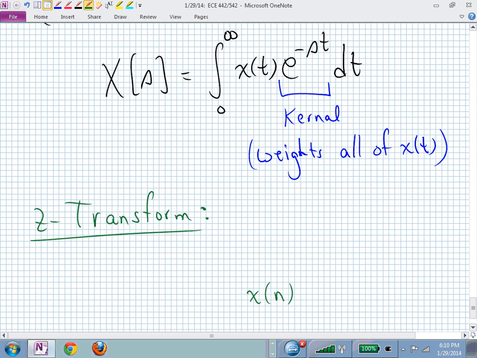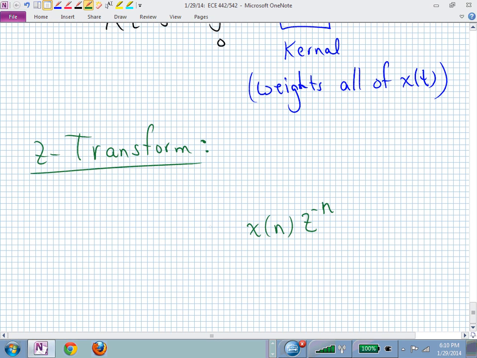But now we're going to weight that by a kernel that's similar, but that's just one, and we want to do this for all time, so that's now z to the minus n. And we don't need to integrate with these sequences of numbers. We can sum. And that's now our definition of the Z transform.